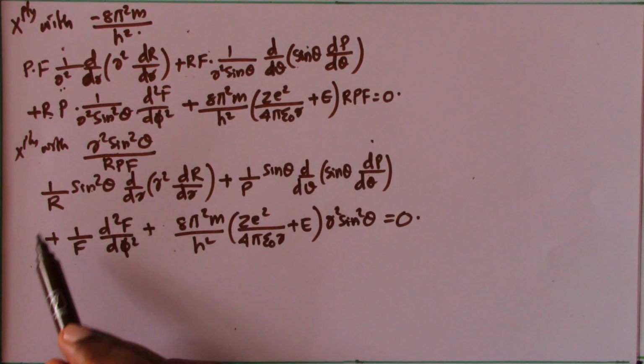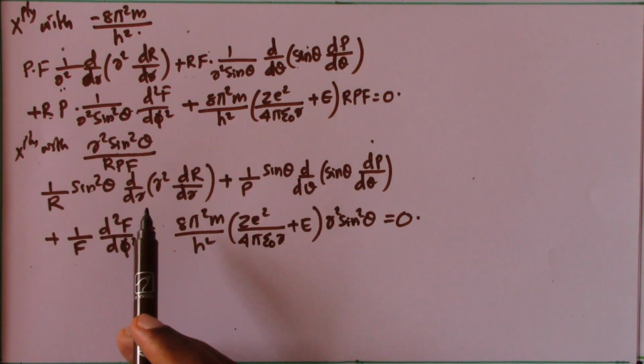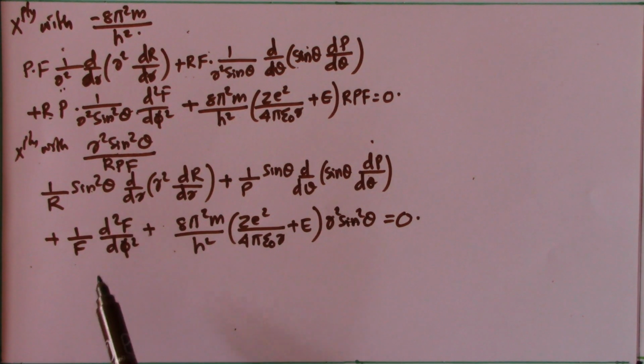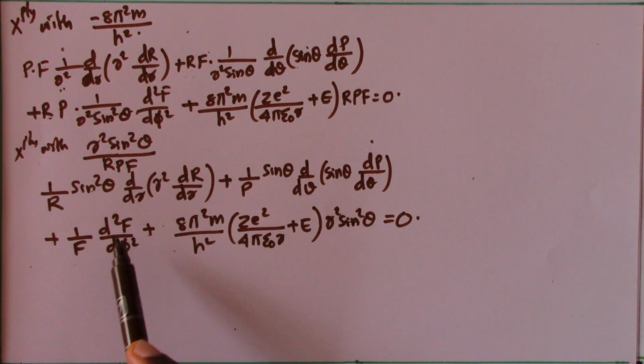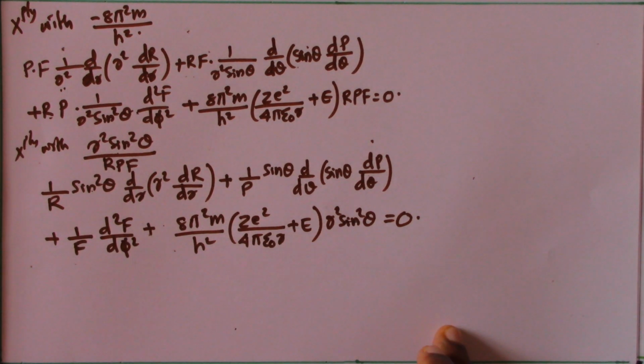So only one of the variables, that is phi, is having an independent term here. So I'm going to take this phi term to the right hand side of the equation.